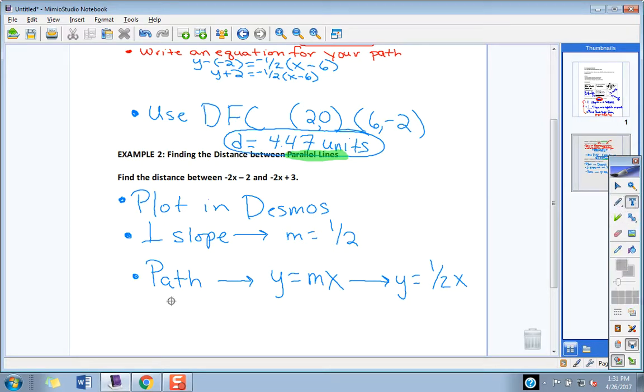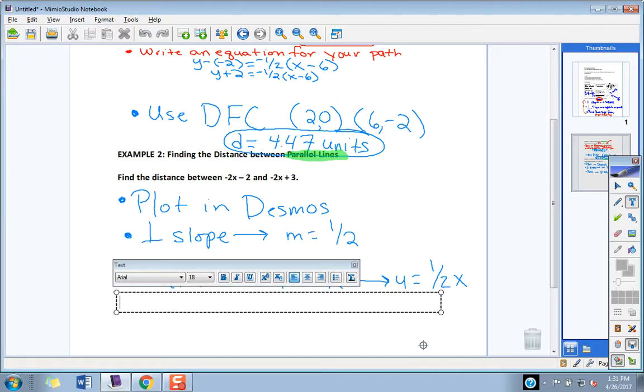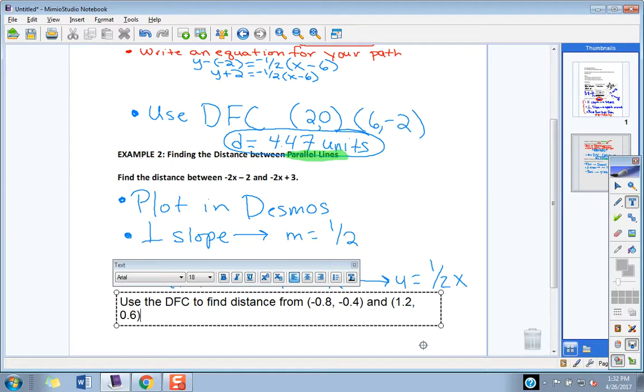So the next step now is to use the distance formula calculator to find the distance from, what were your points again? Was it -0.8, -0.4, and 1.2, 0.6? Okay, so let's go into that.